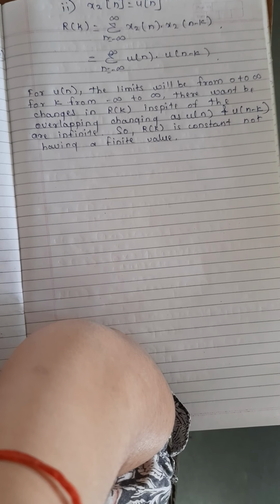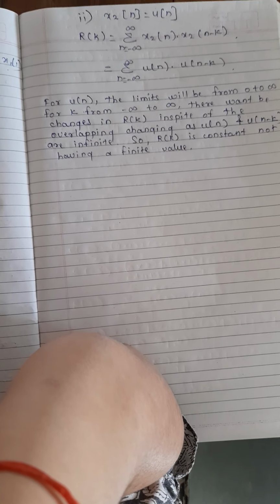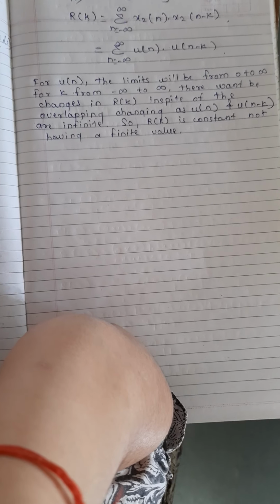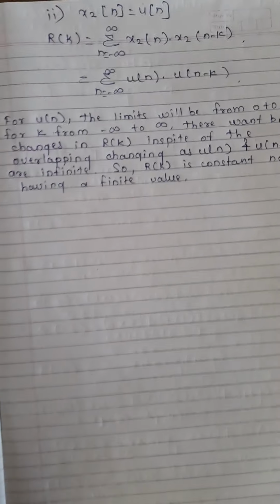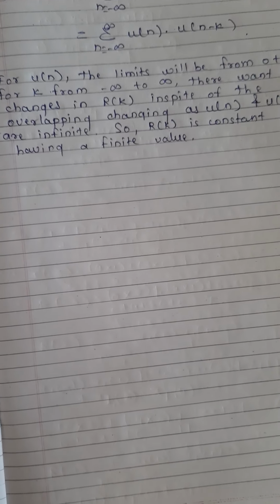Then we plot the graph for this. For that we use the standard summation equation. Next problem is also based on cross correlation. So we have to find the cross correlation of the given sequences.